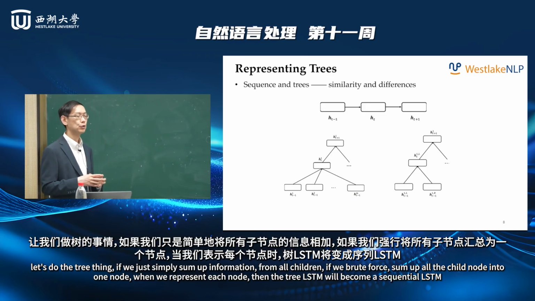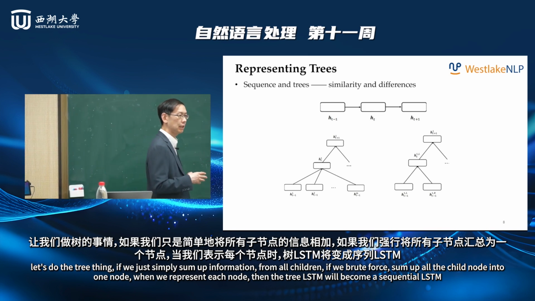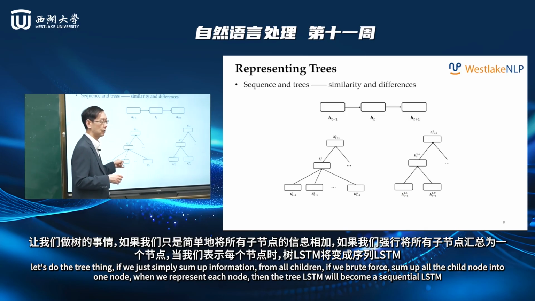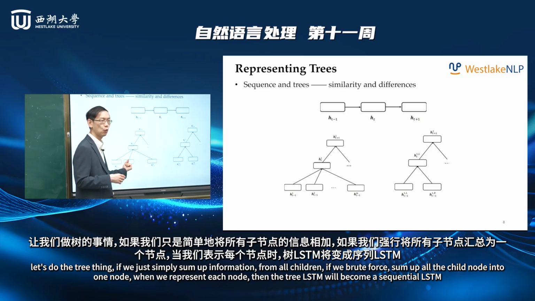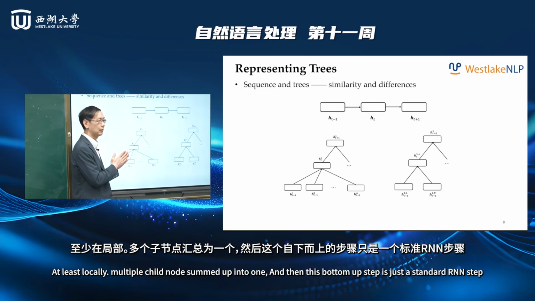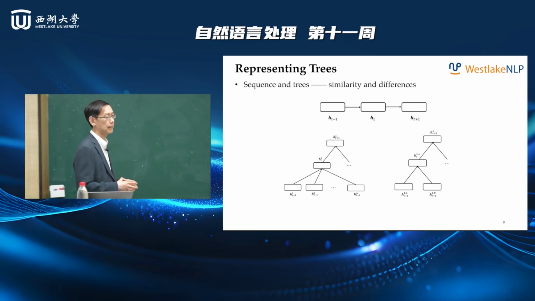So let's do the extreme thing. If we just simply sum up information from all children, if we brute force sum up all the child nodes into one node when we represent each node, then the tree LSTM will become a sequential LSTM, right? At least locally, right? So multiple child nodes summed up into one. And then this bottom-up step is just a standard RNN step, okay?